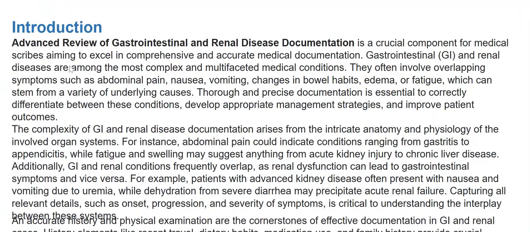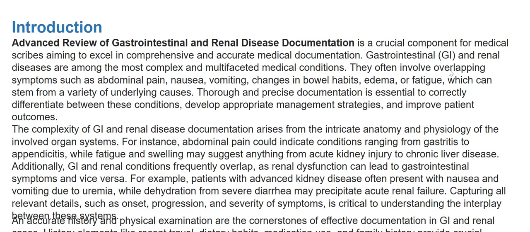Introduction. Advanced review of gastrointestinal and renal disease documentation is a crucial component for medical scribes, aiming to excel in comprehensive and accurate medical documentation. Gastrointestinal, or GI for short, and renal diseases are among the most complex and multifaceted medical conditions.